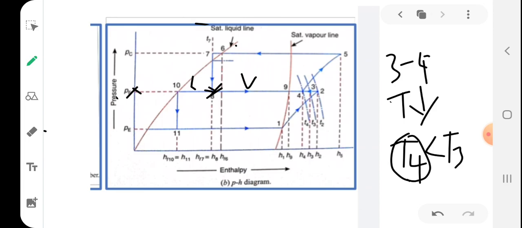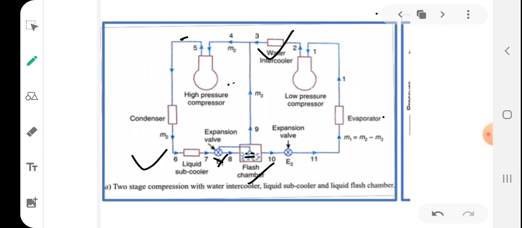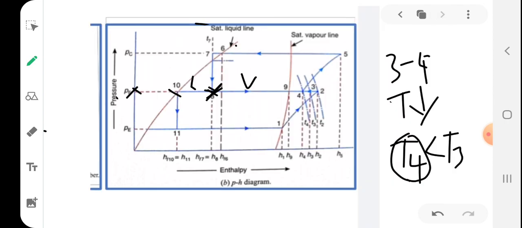If the refrigerant coming from the expansion valve was completely saturated liquid, it would have been at this point, saturated liquid only.